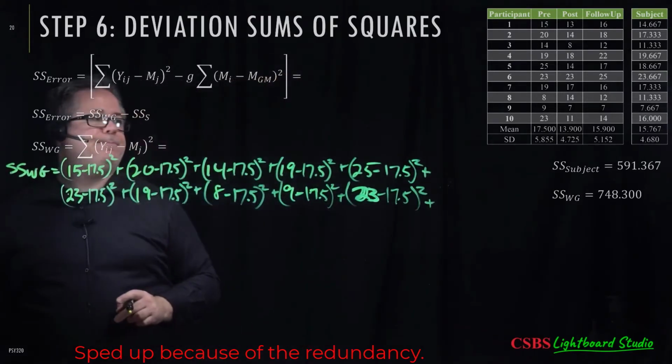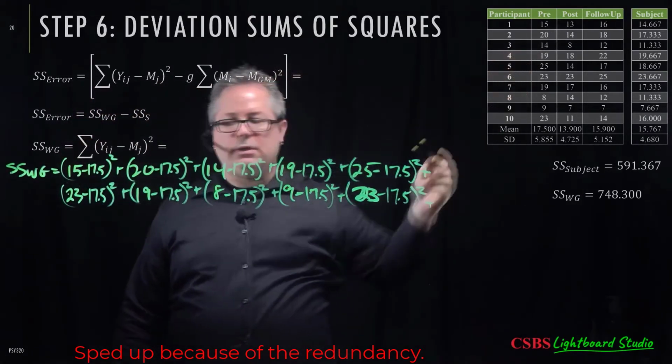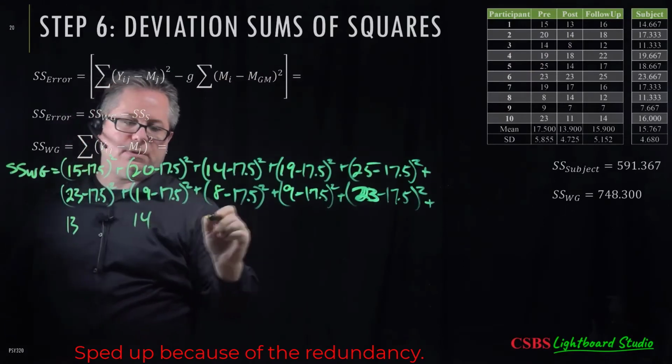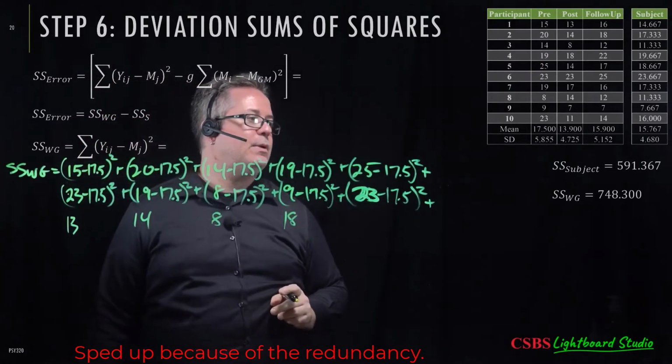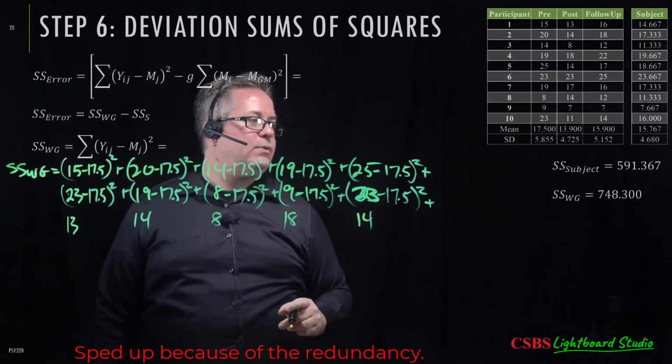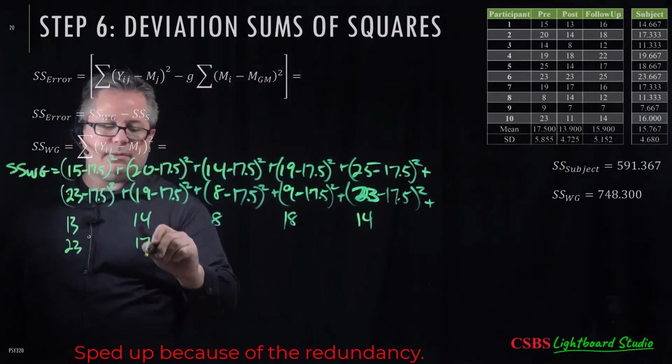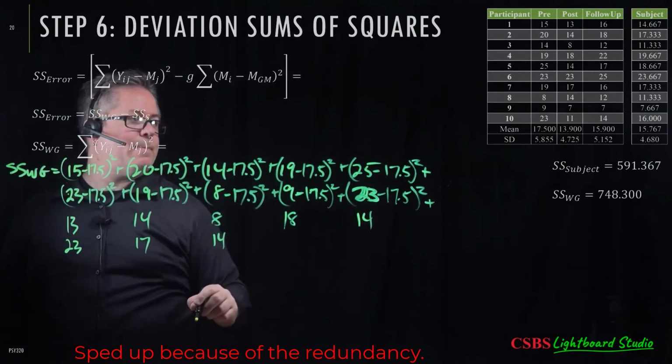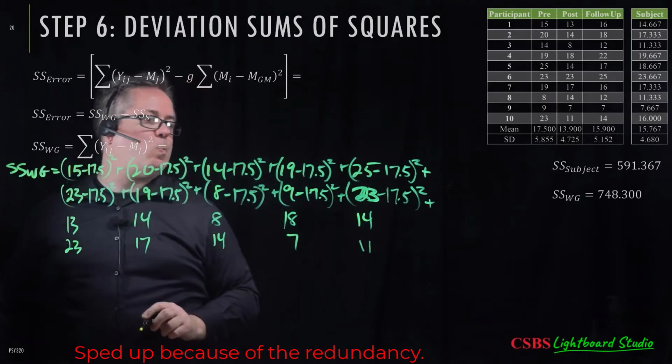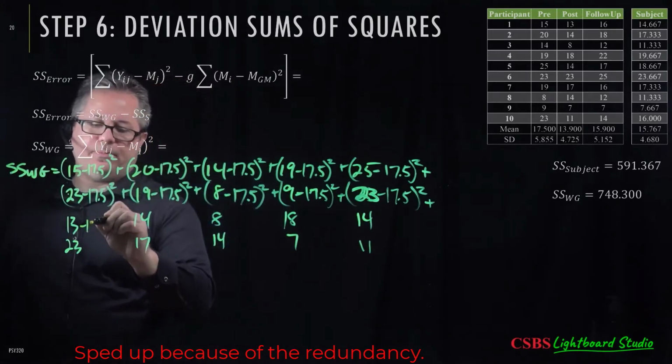Of course, I keep going. Then you go to the next group. 13, 14, 8, 18, 14. And then 23, 17, 17, 14, 7, 11. So here I'm subtracting out 13.9.